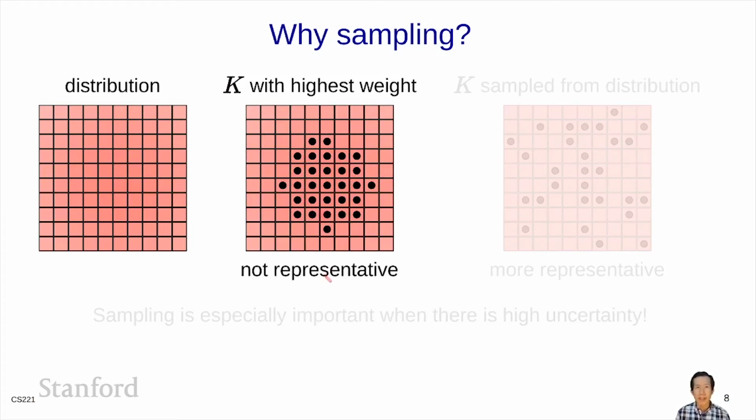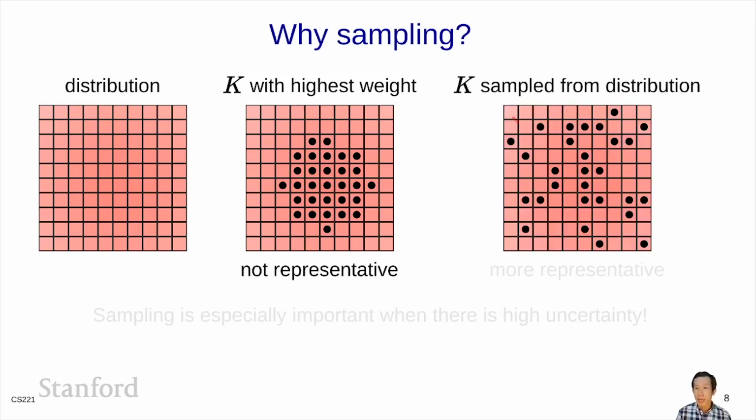This is really not representative of the distribution, because you have all these positions out here with non-negligible probability mass, which have no support. So it's kind of like putting all your eggs in the same basket, or the same K baskets, I guess. Instead, if you resample or sample from this distribution K times, you're going to get something more like this, which I would argue is more representative of the distribution.